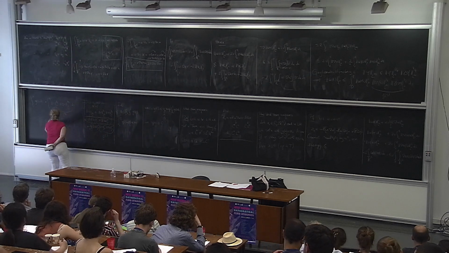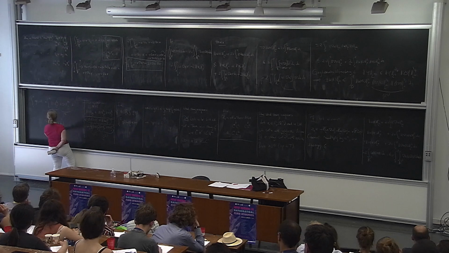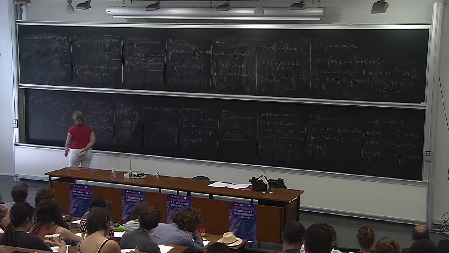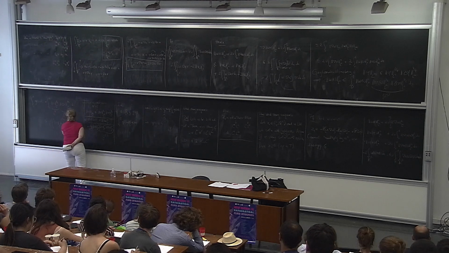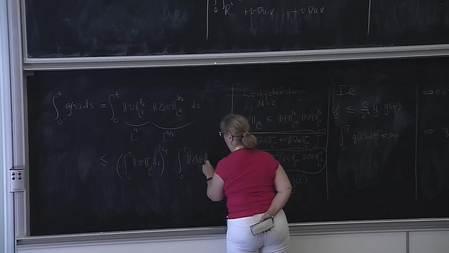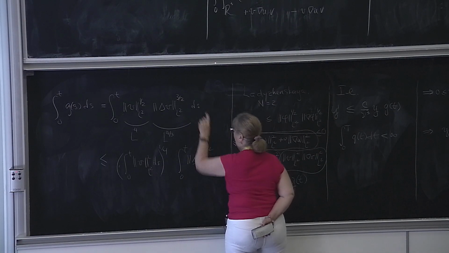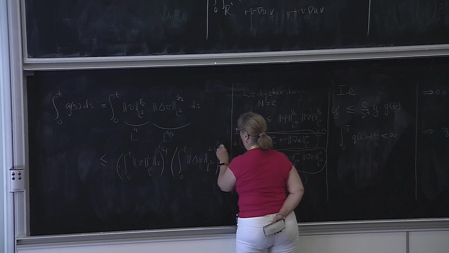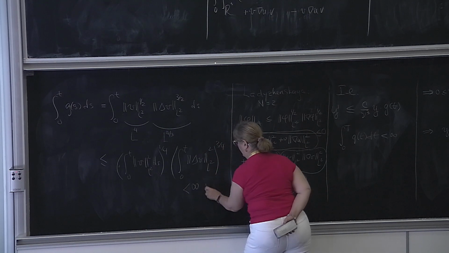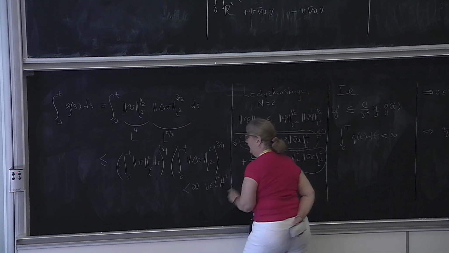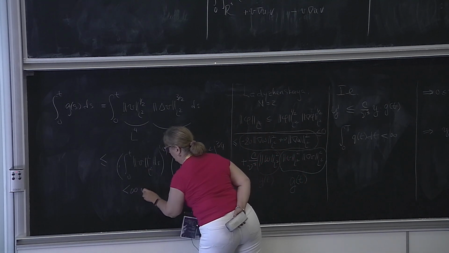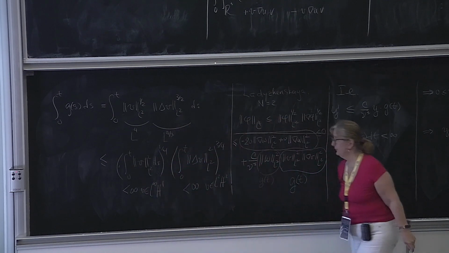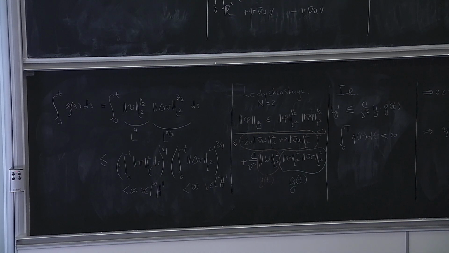Sorry, it's this to the power 1/4, which is just the L2 norm to the power 1/2 times the integral from 0 to t of the L2 norm of the Laplacian of V squared. When I raise this to the power 4/3, I get the L2 norm squared to the power 3/4, and this is finite because V belongs to L2 H2, and this is finite because V belongs to L infinity H1. Okay. So this is integrable in time.